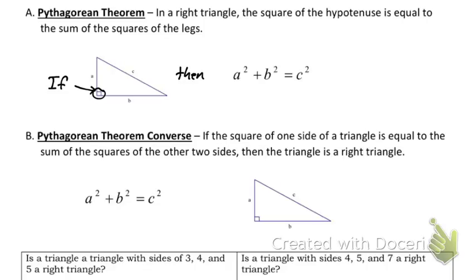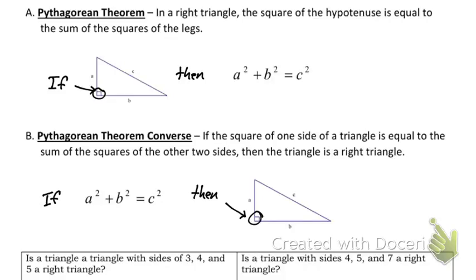The Pythagorean theorem converse says if the square of one side of a triangle is equal to the sum of the squares of the other two sides, then the triangle is a right triangle. So in this case, if a squared plus b squared equals c squared, then we have a right triangle.